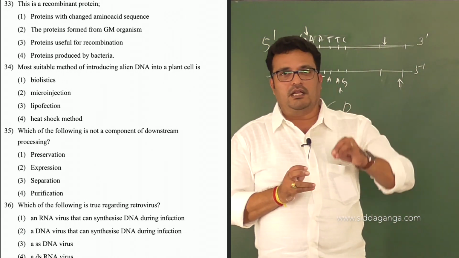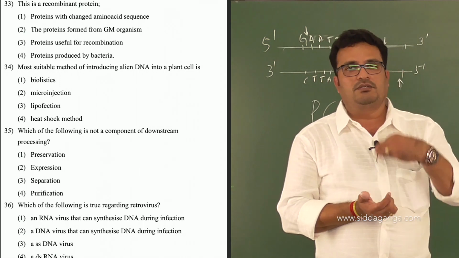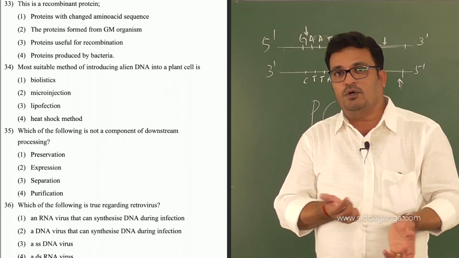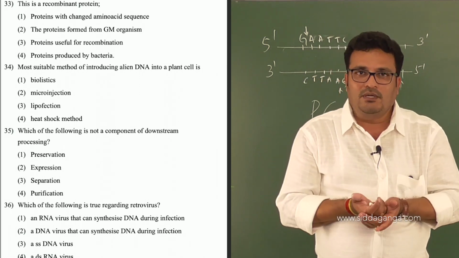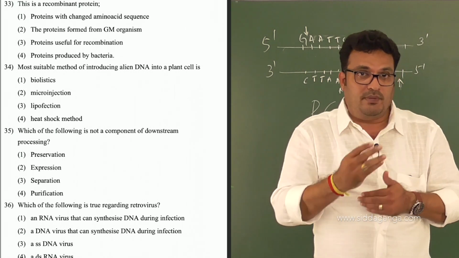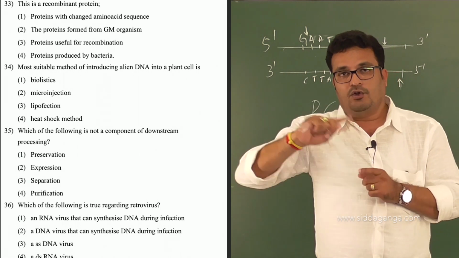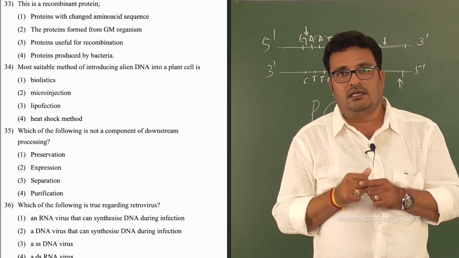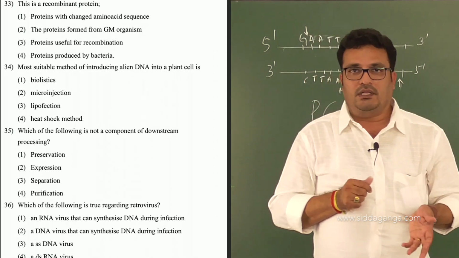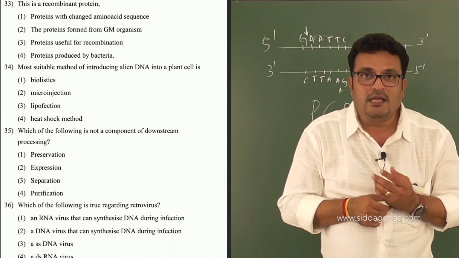When we extract a DNA from a plant cell and insert it into pBR322 or something else, and that plasmid is inserted into the host, and the host cells are cultured on a large scale inside the lab, the DNA is made to express in a heterologous host. Heterologous means the DNA is expressed in a different host, and that is why it is considered a recombinant protein. That protein is called a recombinant protein, the protein obtained because of recombinant DNA technology.